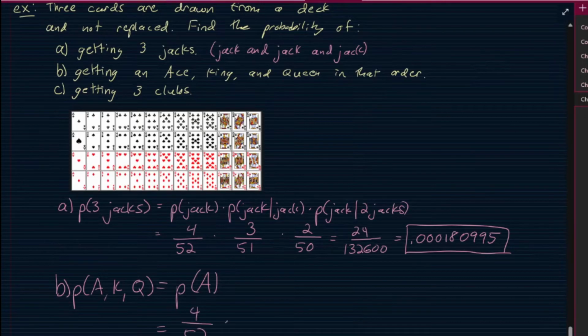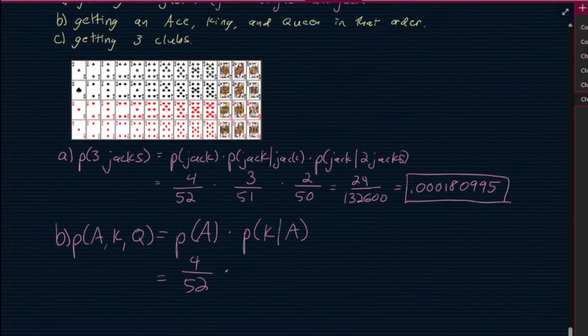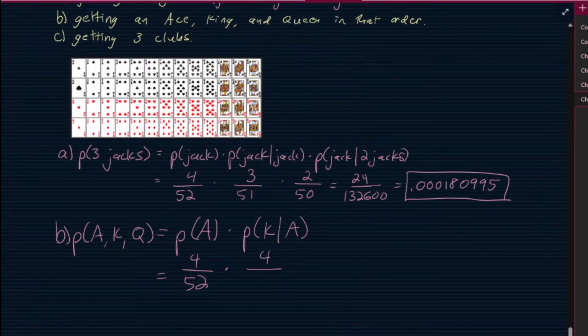Then we multiply this times the probability of getting a king given that we've picked an ace. That's what this notation means. The probability of getting a king given that we've already gotten an ace on our first pick. And so how many kings are there? Well, there's 4 kings. And how many total cards are there? Well, remember we lost an ace, so we lost 1 total card out of 52. So there's 51 left.